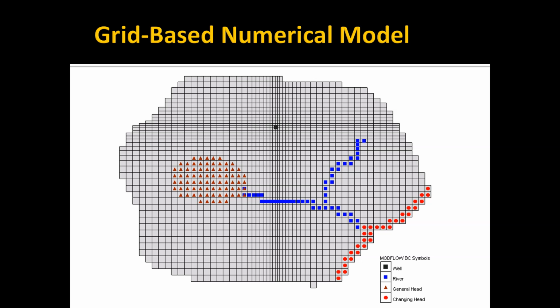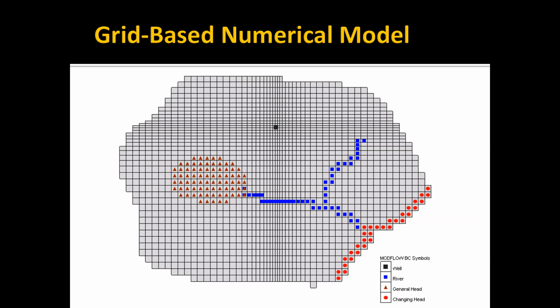We developed this years ago in GMS, and other competing MODFLOW GUIs have tried to copy this over the years, but this has really been one of the prime features of GMS, and something I think GMS does better than any of the other products.